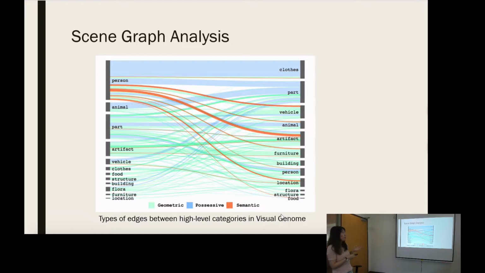So that means when we build the model, the class of the object is important. This gives us some prior sense of how the objects and the relations are linked together.